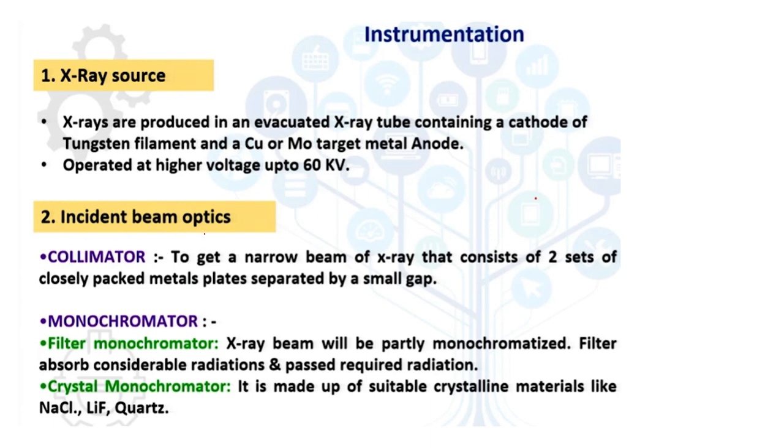The second component is the incident beam optics, that is the collimator, to get a narrow beam, which I have already told you. After generating the X-ray, to make it a very intense single line beam, we need the collimator, and that consists of two sets of closely packed metal plates separated by a small gap.